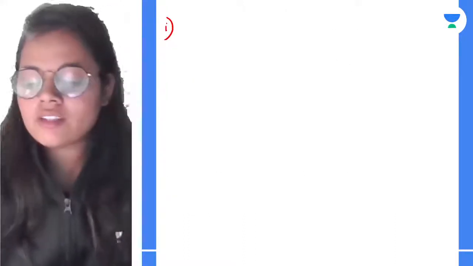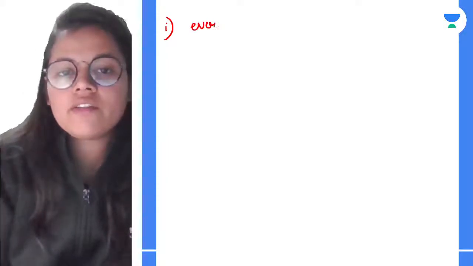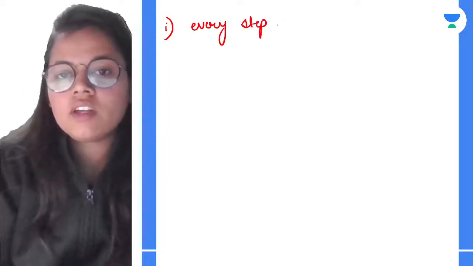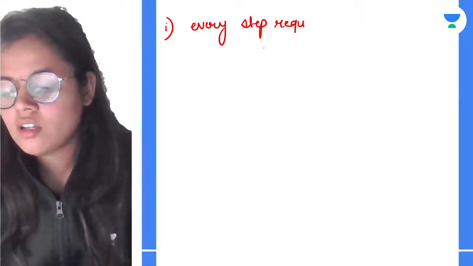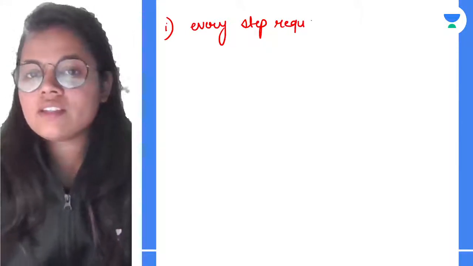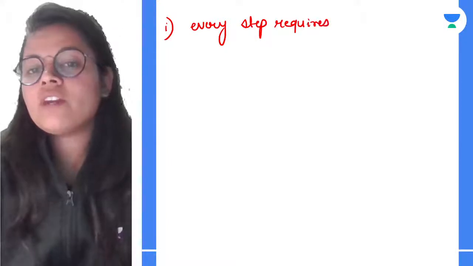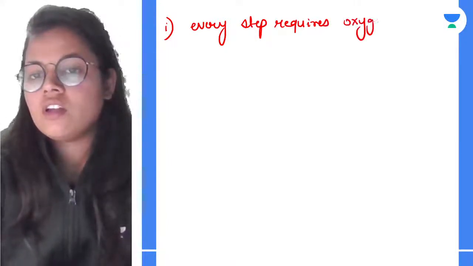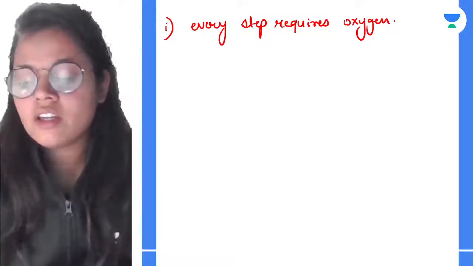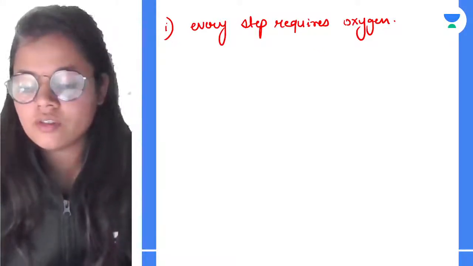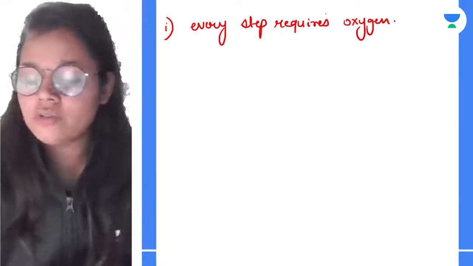We need excess of oxygen because in Ostwald's process, each and every step requires oxygen. Aditi, the main reason is that for each step we require oxygen. That is why at the very first we are taking a good quantity of oxygen. Anyway, thank you for trying.